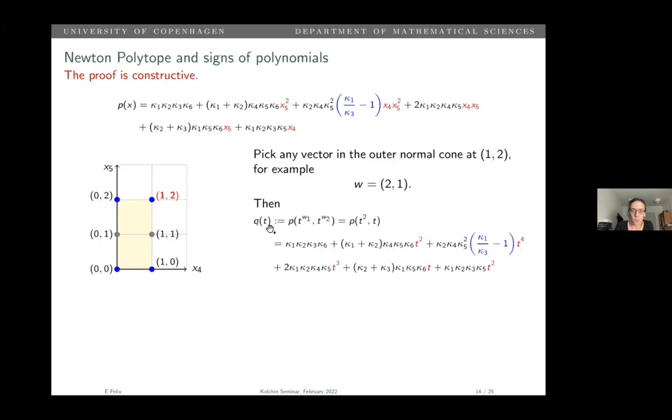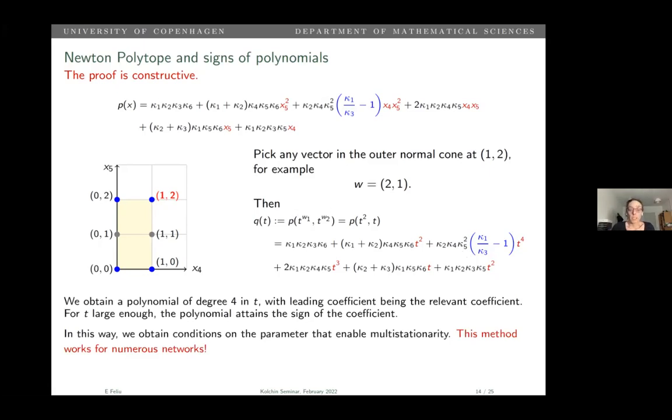And then when you pick the vector, you evaluate your polynomial at t to the first component of the vector, t to the second component of the vector, and in general for more. And when you do that, you get a univariate polynomial, and you're guaranteed that the coefficient of interest becomes the leading coefficient, right? And that's why this works. So a very simple and constructive proof.